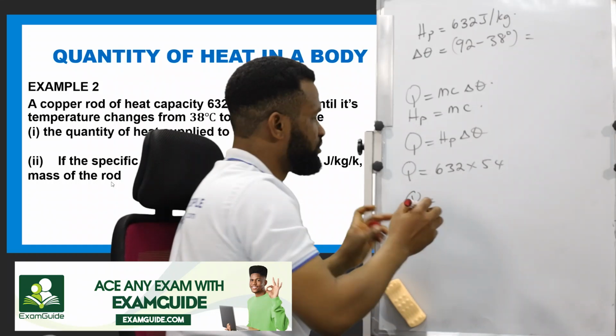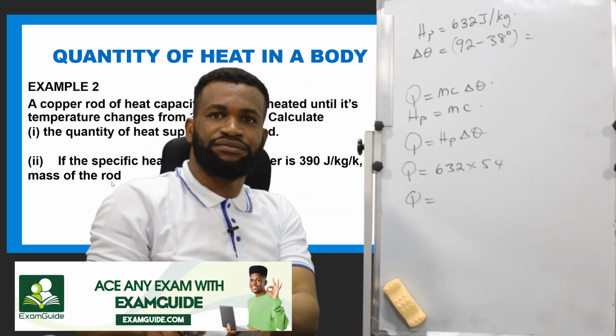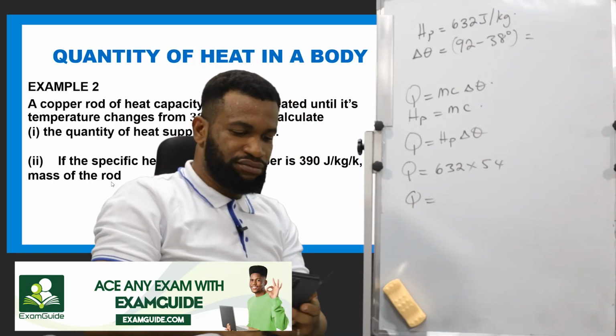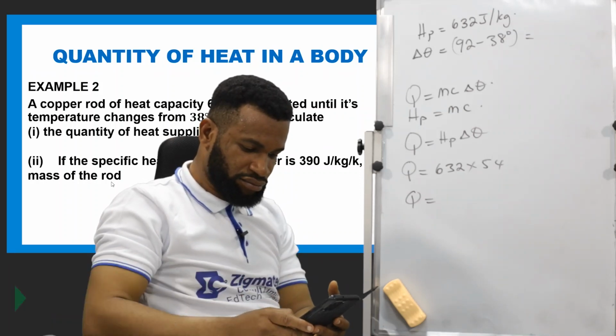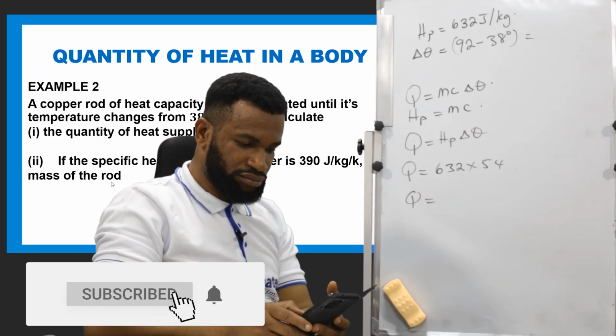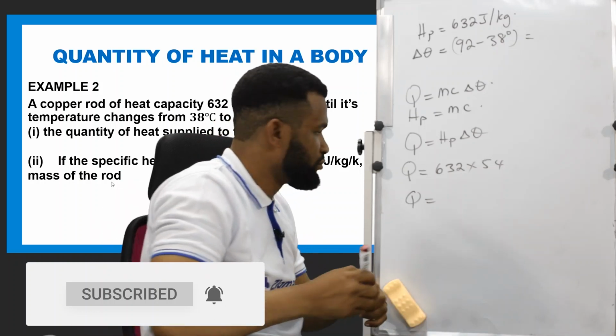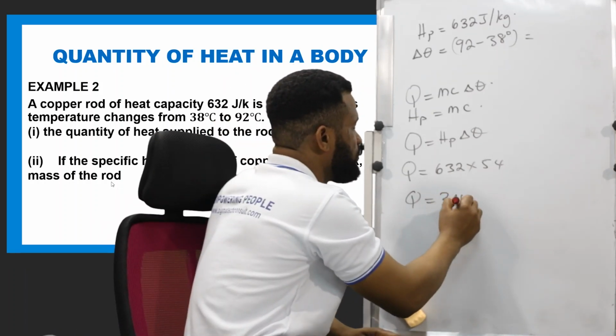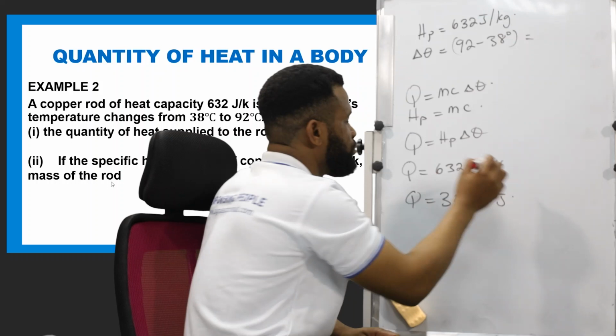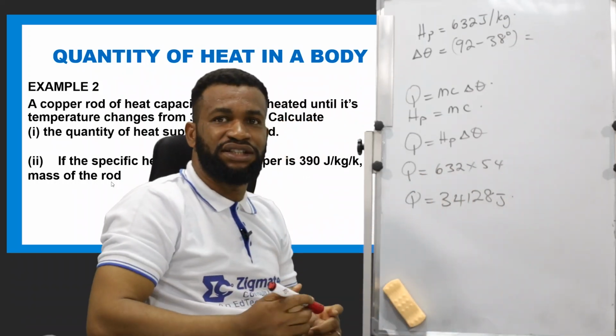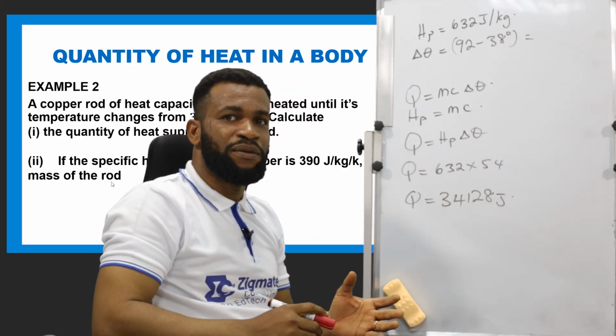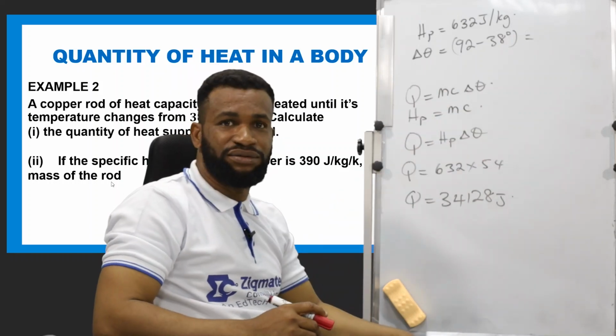So quantity of heat is going to be 34,128 joules. This is the quantity of heat needed to raise the temperature from 38 to 92.